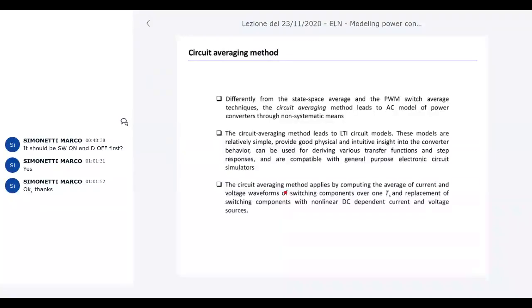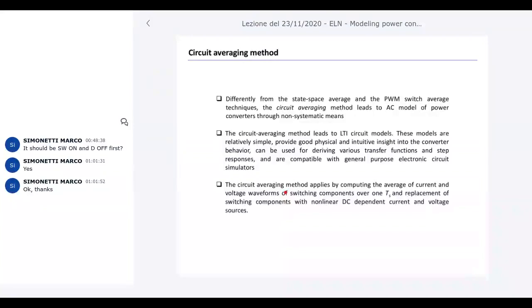For example, if you have a diode, and in any switch mode converter you have a diode, then this diode forces a periodical variation of the current flowing across the diode. So you can think to avoid the variant issues of this problem, the variable structure of these circuits, by replacing the diode with the average current in a period that it can impress to the circuits.